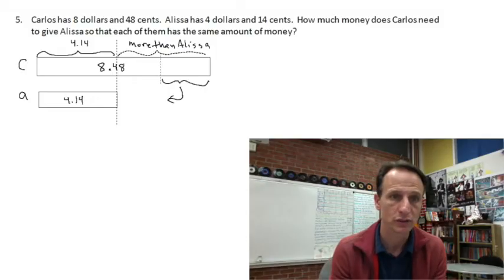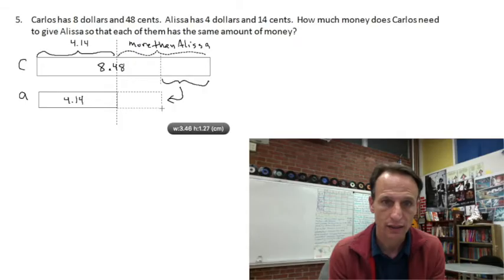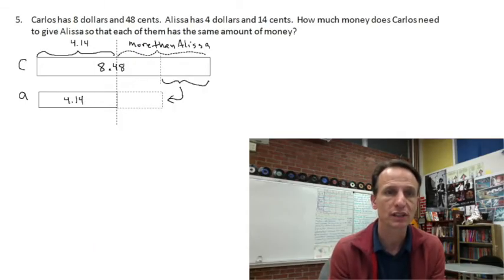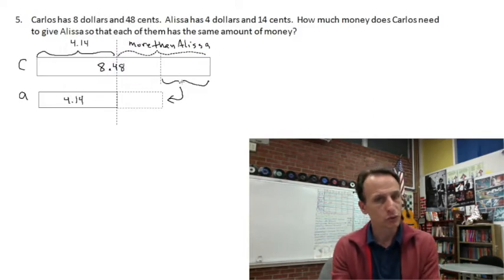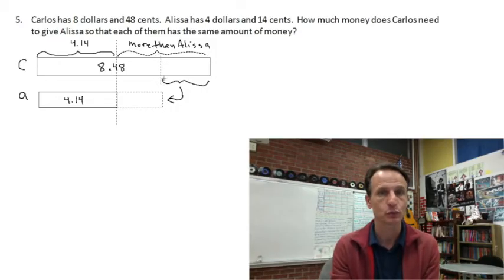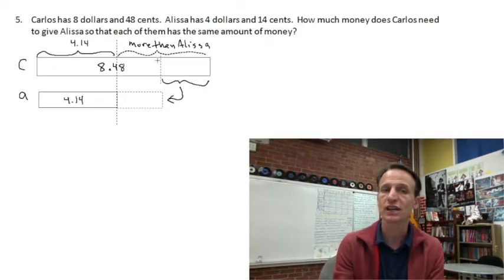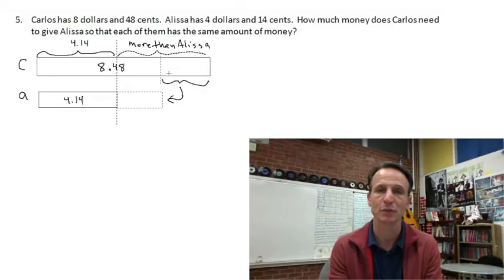Do you see then, and this is tricky to see, that's why I'm taking the time to show you this, you see how if he moves this down to here, they will then have the same amounts. That's what the logic is here. So if you take how much more Carlos has than Alyssa, split it in half, he keeps half, gives her half, then they'll have the same amounts.